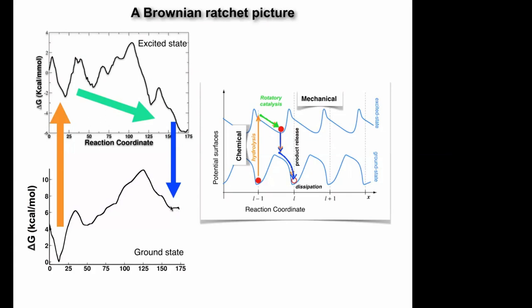This is not completely correct because this state is not the same as where I started out from, but at least it has some flavor of this mechanism. Now I still need to correct for this part. I still need to come back to my ground state. I need to know my product release that I haven't shown you yet. But from molecular dynamics simulations, possibly I can resurrect some parts of these two surfaces that we're talking about.